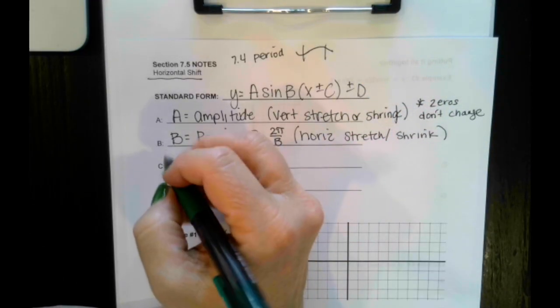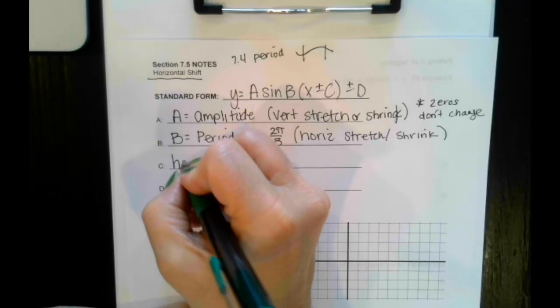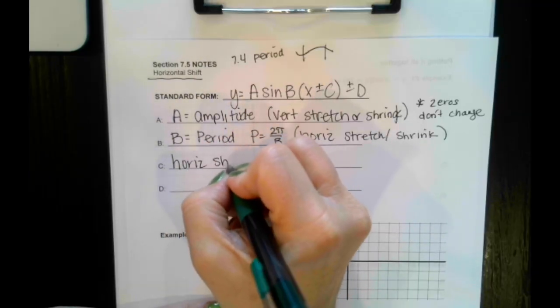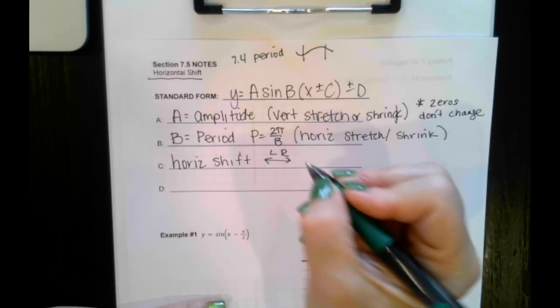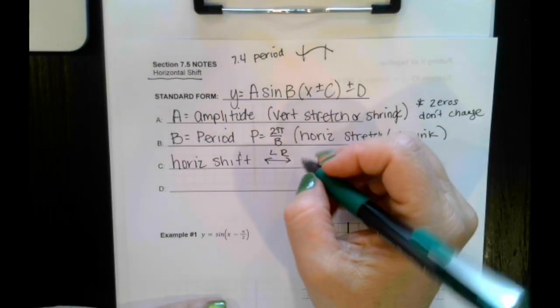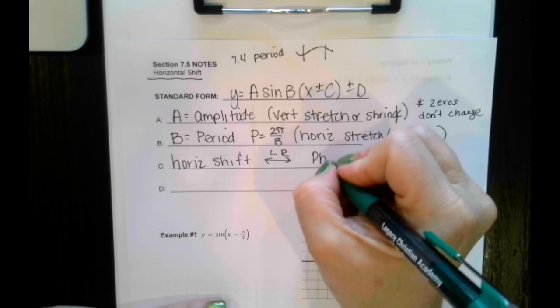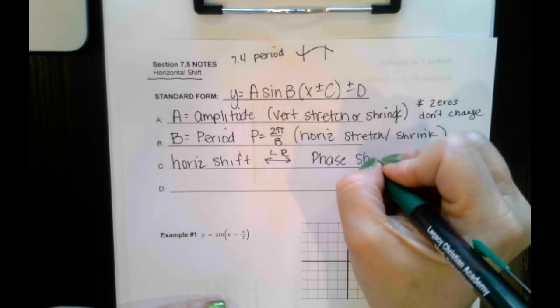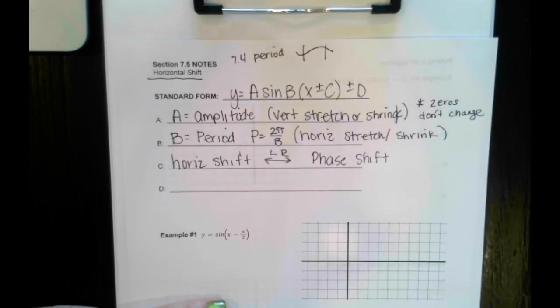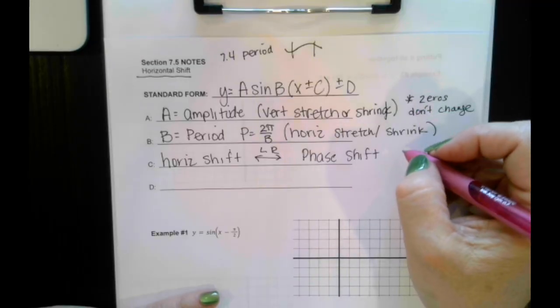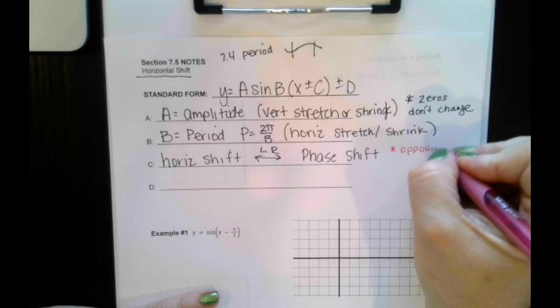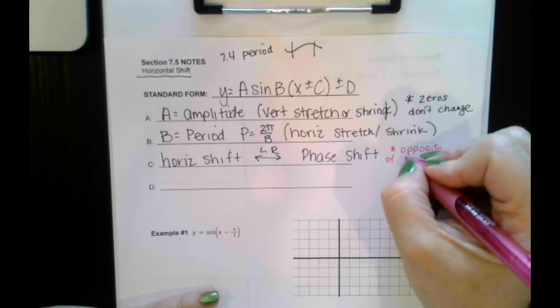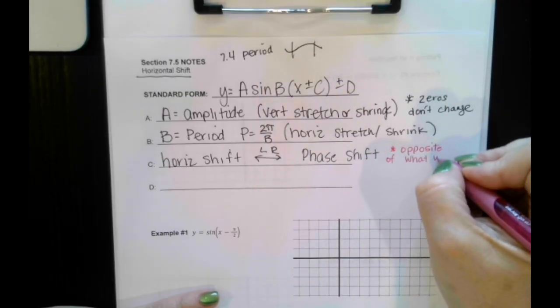Our C value is what we're doing today, and this is our horizontal shift. Remember, our horizontal shift is what goes left to right. In trig, we have a special name for this, and we call this a phase shift. One other thing: just like with all of our algebra functions, this is going to be opposite of what we think.